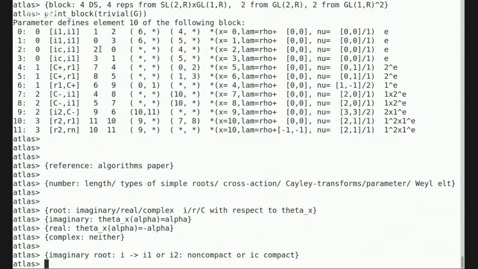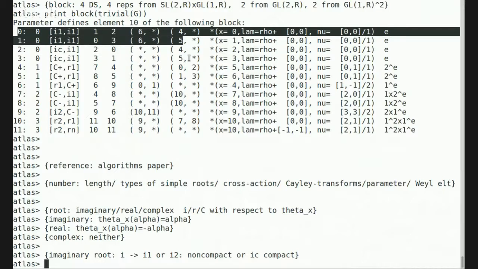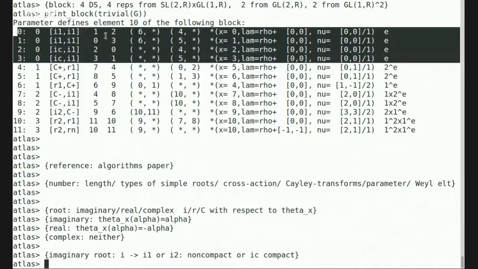Now, these next two columns are the so-called cross action, which is to say, if you hand me a parameter p and a simple root, you get a new parameter by applying that simple root to it. There's an action of the simple roots in the Weyl group on the parameters, and it basically moves you around on the same Cartan. And so these four parameters here, you see 1, 0, 1, 2, and 3.